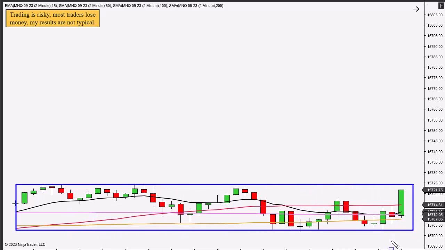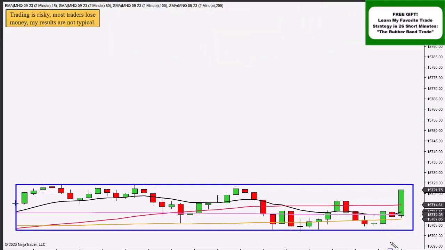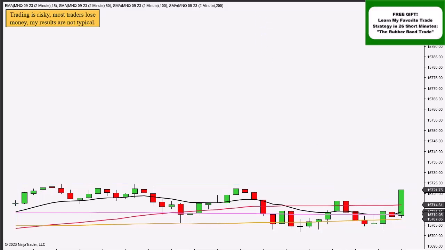So that is how we are going to find an extended period of low volatility. And that's what gives you the odds of the market then going into a high volatility period of time. In other words, the low volatility period of time being over, high volatility period of time about to start.